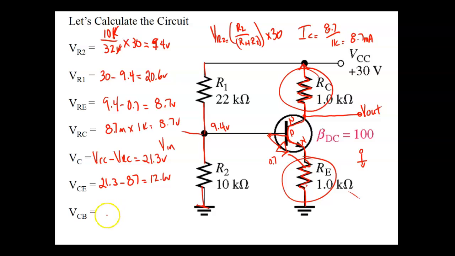Voltage collector to base: we're going to take what's on the collector, 21.3, minus what's on the base, 9.4. So those basically give you the formula.